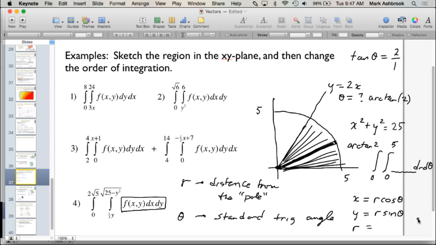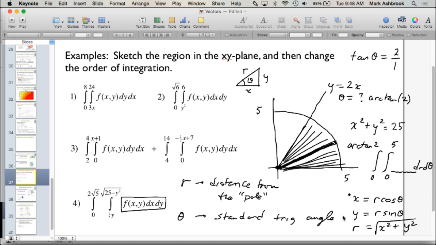Right, so this is all right triangle stuff, right? Is it x squared plus y squared? Not quite. Square root, right? So that's all based on the right triangle, with theta being here. This is x, and this is y, and this is r.